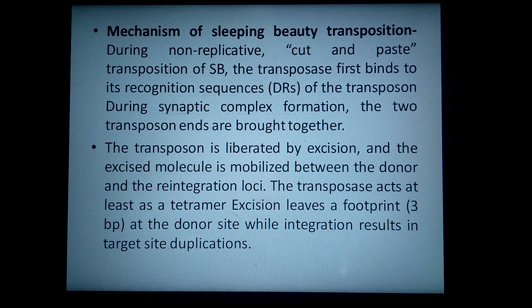Then the second step is excision. From the molecule, the transposase complex is cut out and incorporated into the TA site, and this transposase connects with a TA site and its duplicate over here, represented as two TA sites, left and right.